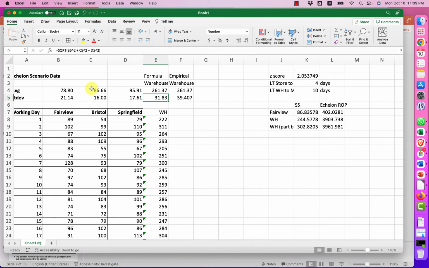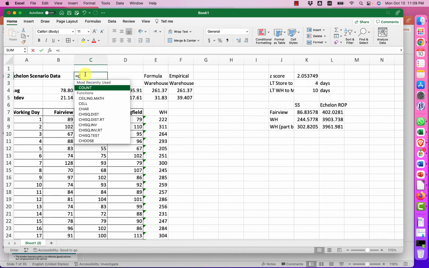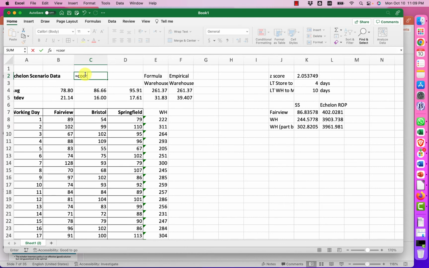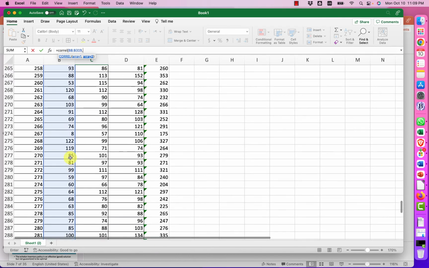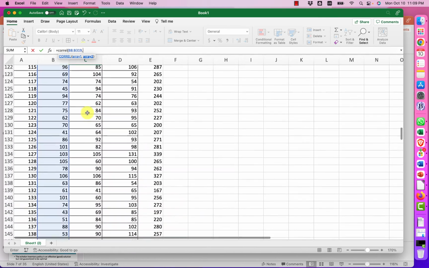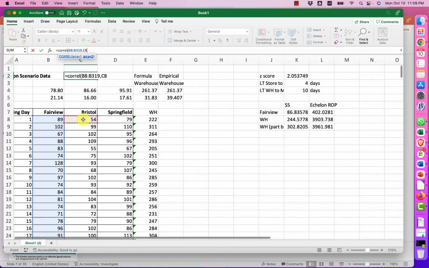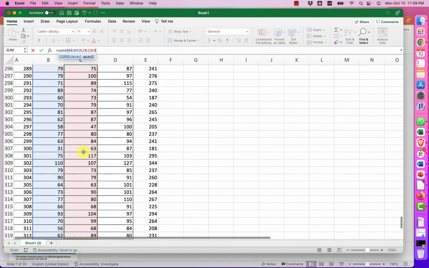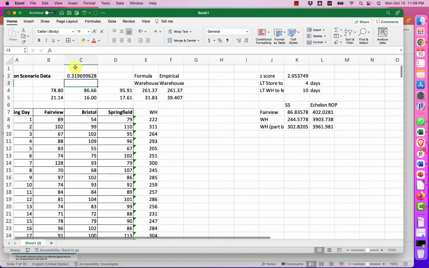One way to check that is to take a correlation. So let's take a CORREL between, let's say, the first two columns. Then you can do 1 and 3 and see. You can check all the correlations and you'll realize that the correlations are not 0. Notice it's a 0.32 correlation between Fairview and Bristol. That's a moderate correlation, so these two are not independent.